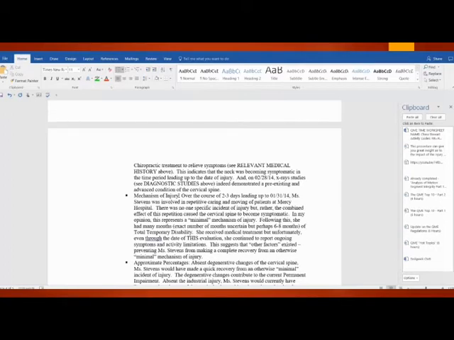Following this, she had many months, perhaps 6 to 8 months, of total temporary disability. She received medical treatment, but unfortunately, even through the date of my evaluation, this QME evaluation that is, she continued to report ongoing symptoms and activity limitations. This suggests that other factors existed, preventing Ms. Stevens from making a complete recovery from an otherwise minimal mechanism of injury.